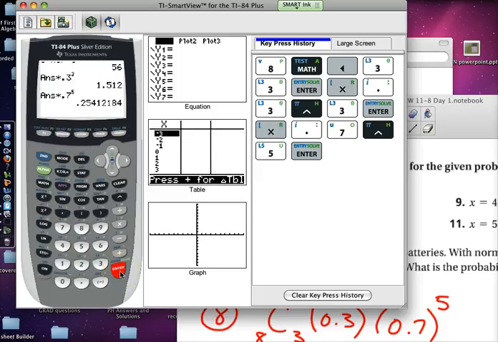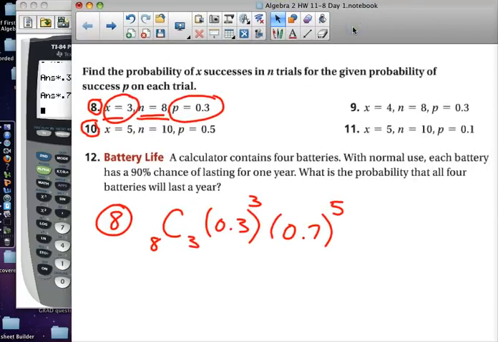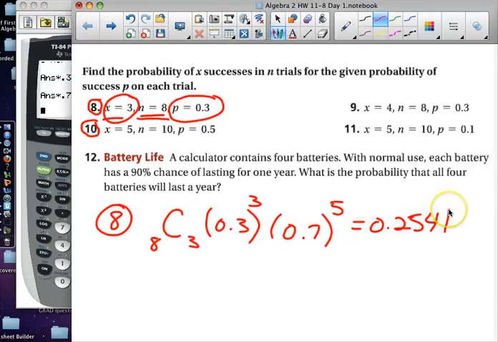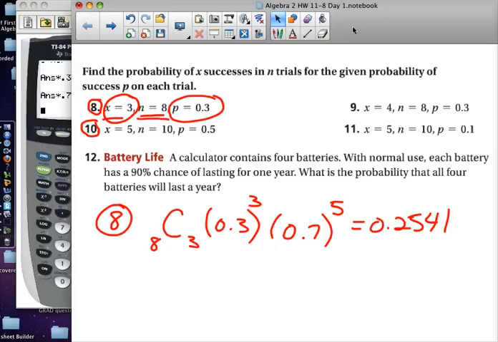So there's the answer, 0.2541. So that's the probability. You certainly could change it to approximately 25%, because with any of our probabilities, we have that fraction in lowest terms as a possible answer, our decimals as an answer, or of course percentages.